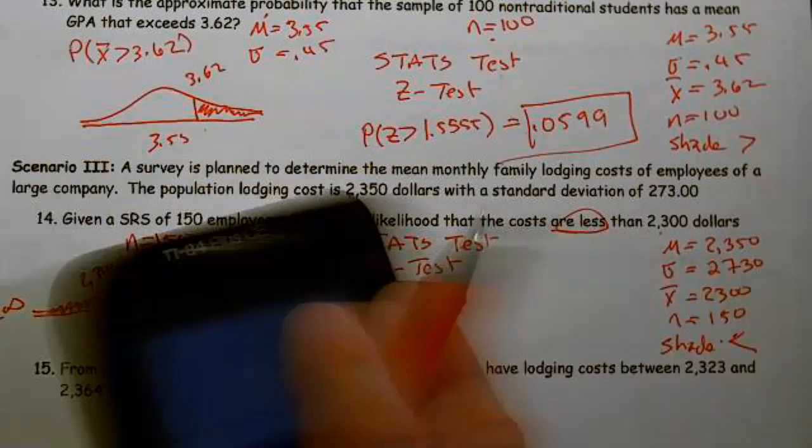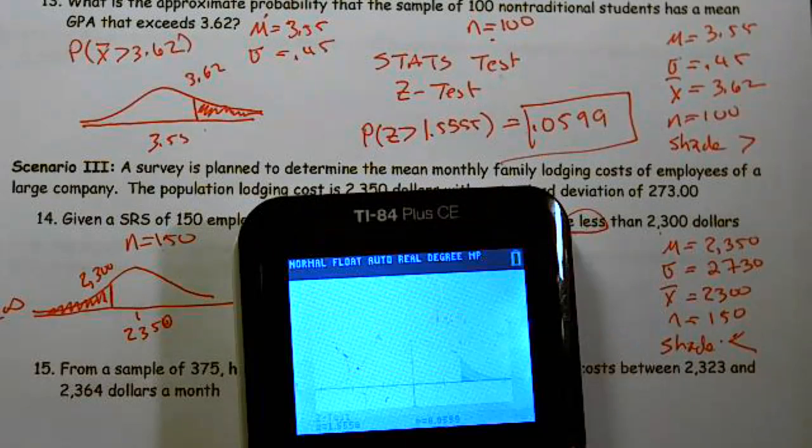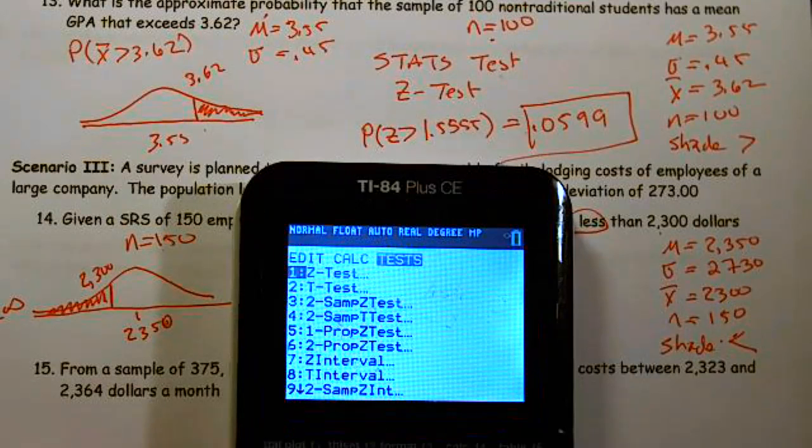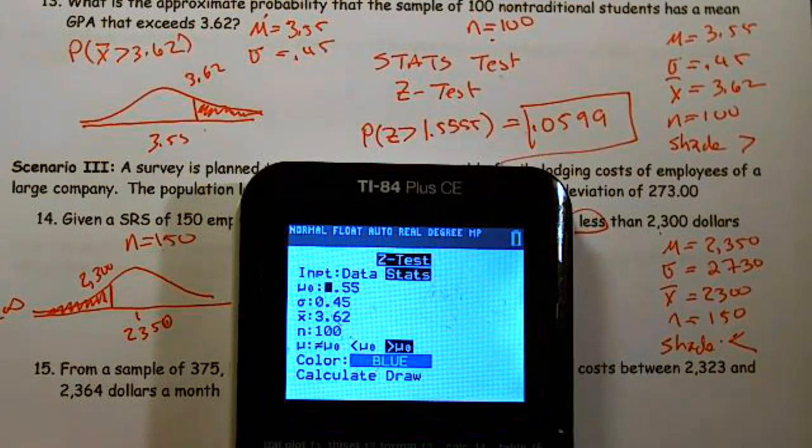And we're going to go stats, test, z-test, and test all this out. This is not the only way to do it, but this is the way I'm going to approach it. So my mean, 2,350. My standard deviation, 2,730. My x-bar, 2,300. My sample size of 150.